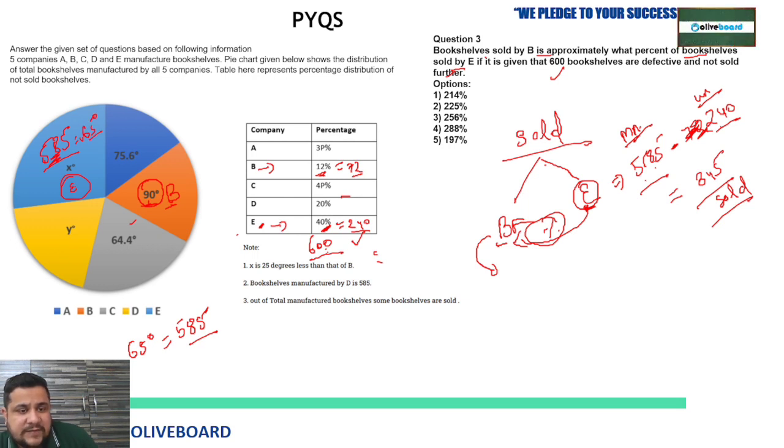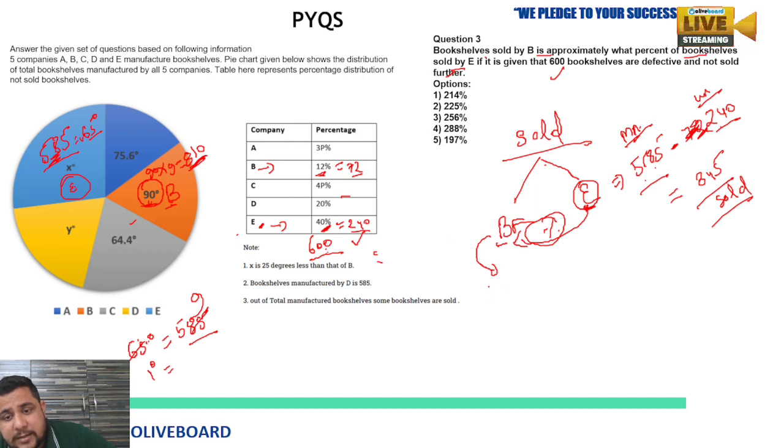Now 65 degree equals 585, so 1 degree will be equal to, by 65 you can cancel it, 9 times. So 1 degree is equal to 9. If 1 degree is equal to 9 bookshelves, then 90 degree would be equal to 90 multiplied by 9, which means 810 shelves.